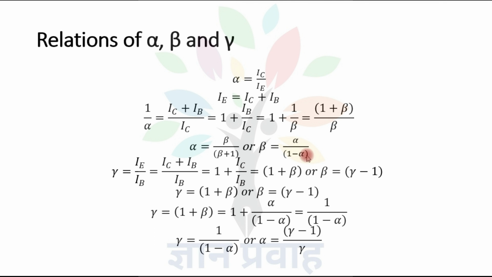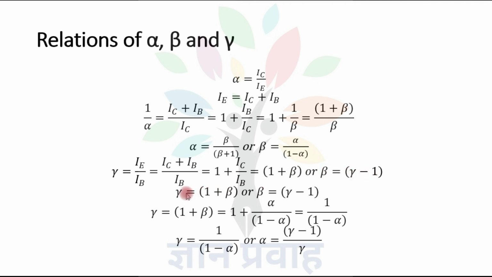Similarly for gamma and beta, gamma equals IE upon IB, and IE equals IC plus IB upon IB. It means 1 plus IC upon IB, which equals 1 plus beta. So gamma equals 1 plus beta, or beta equals gamma minus 1.